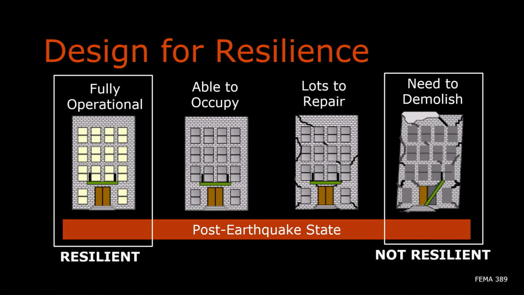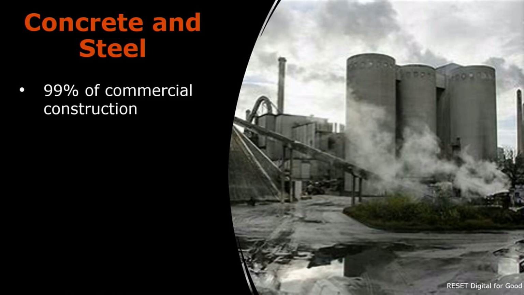Now, when we talk about resilience in the past century, for tall buildings, we're primarily talking about the use of two materials, concrete and steel. In fact, as it stands today, 99% of non-residential construction use concrete and steel as their primary structural material.